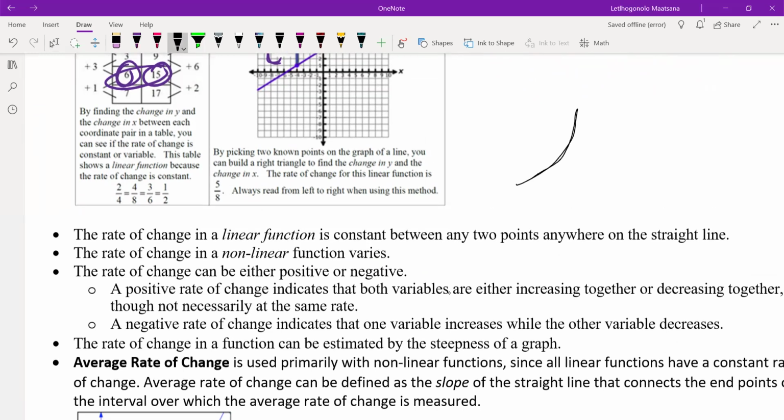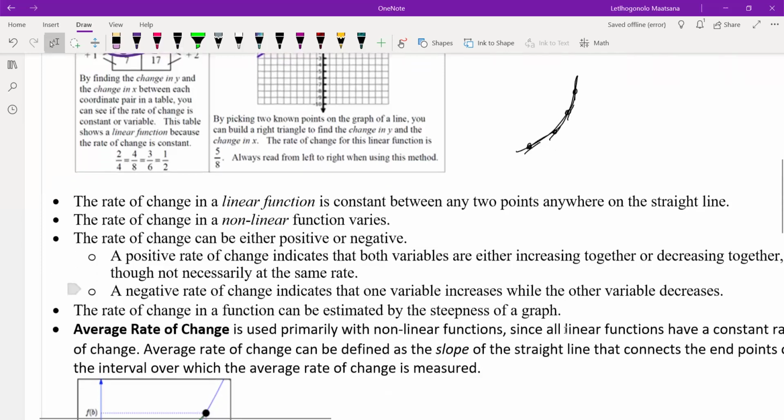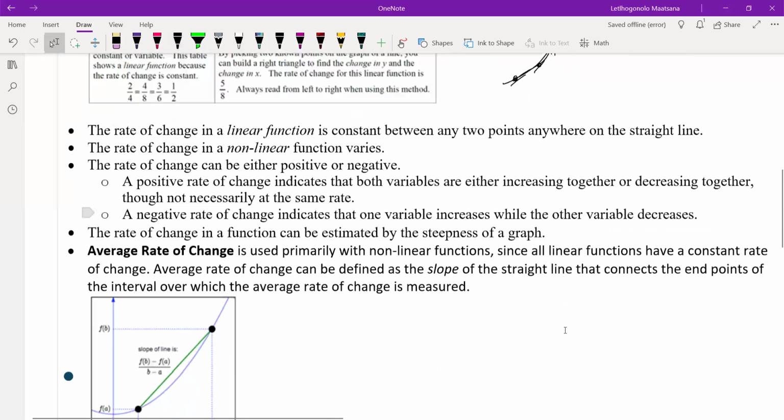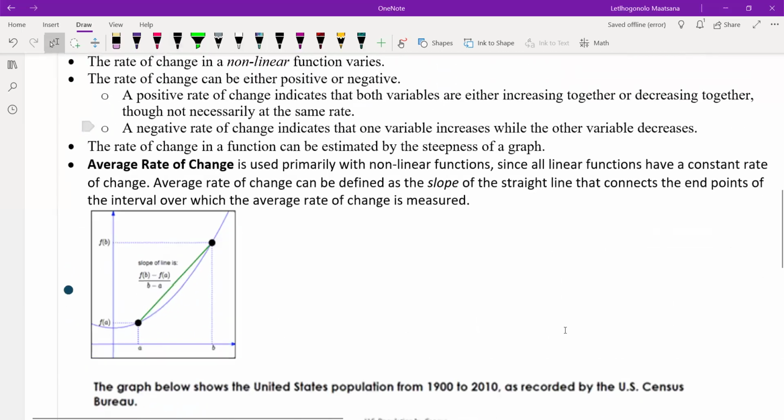So we can see that the rate of change on this graph won't be the same because the slope is continuously changing, so it's not linear. For those that are not linear, we can calculate the average rate of change by still using the same equation.